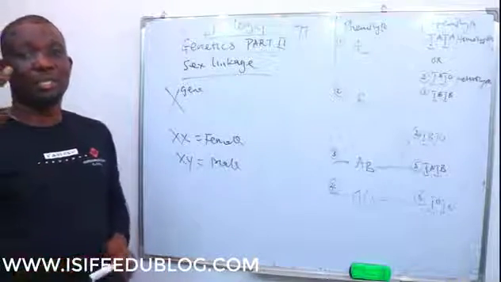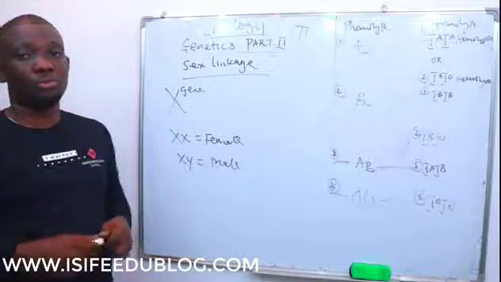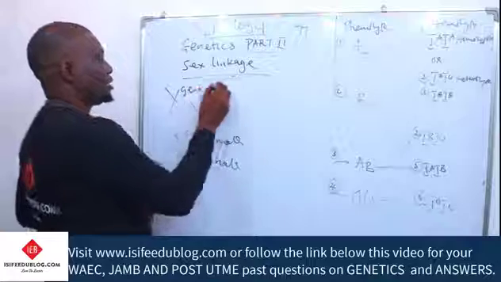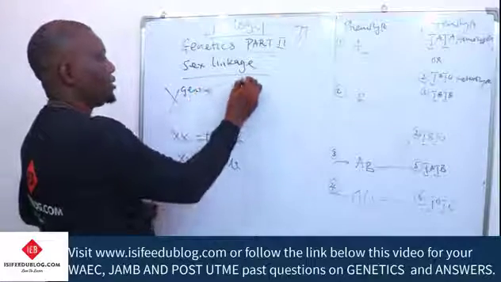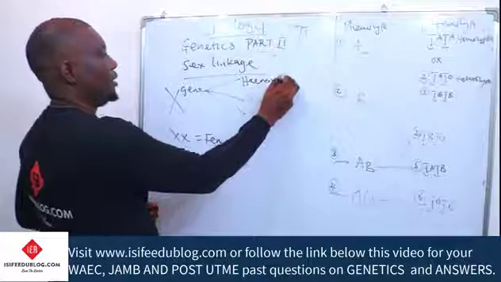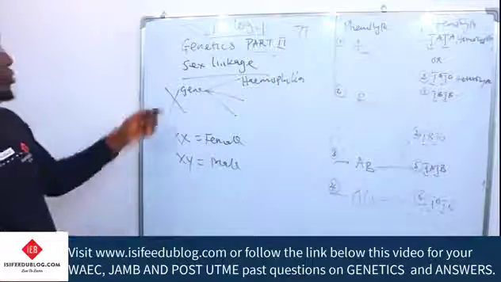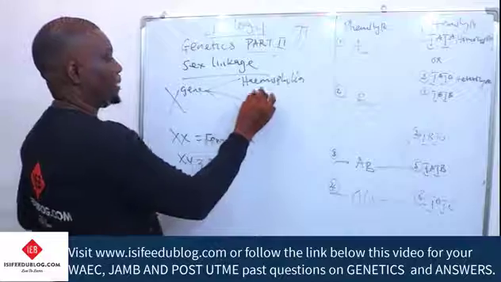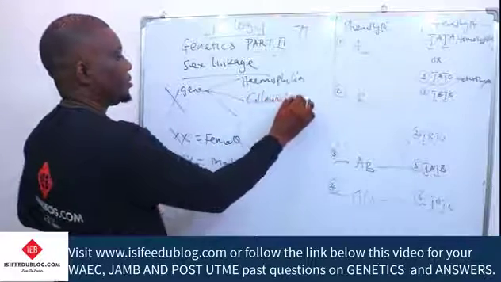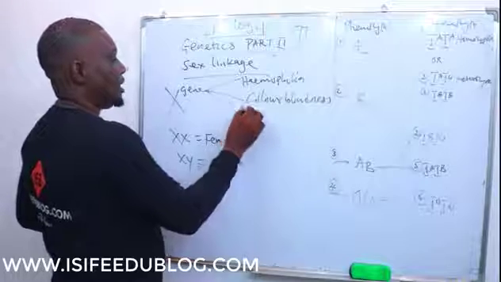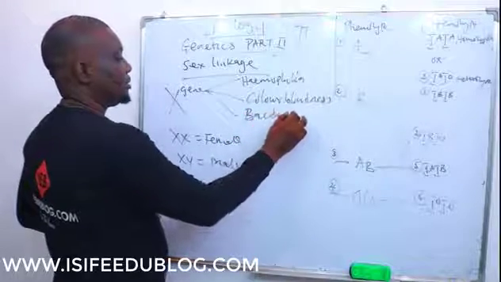And there are 3 genes that are located on the X chromosome. The 3 genes on the X chromosome are: 1, hemophilia; 2, color blindness; and baldness.